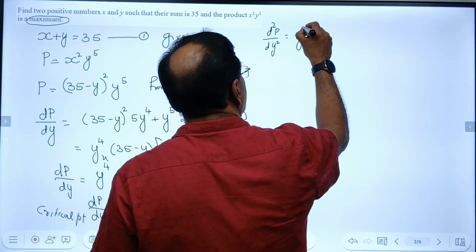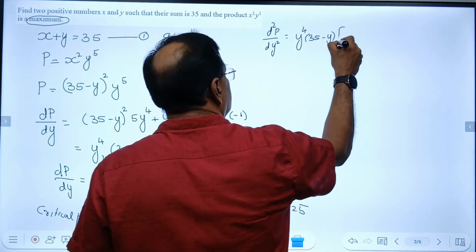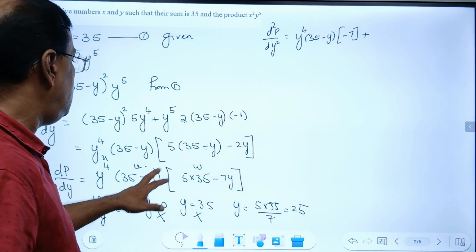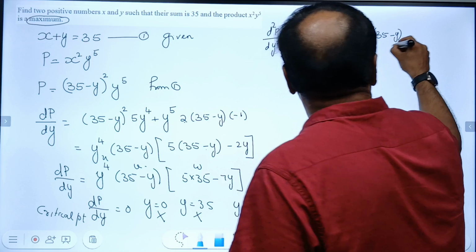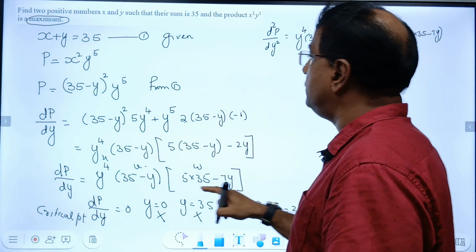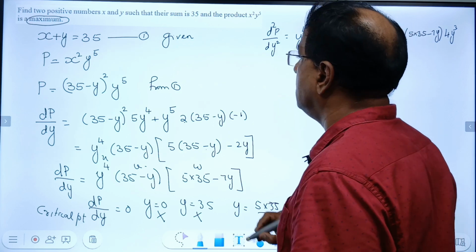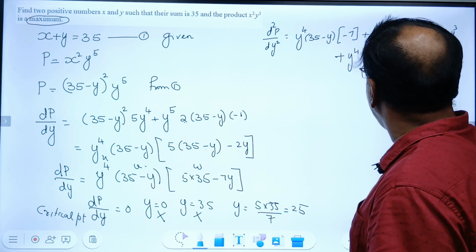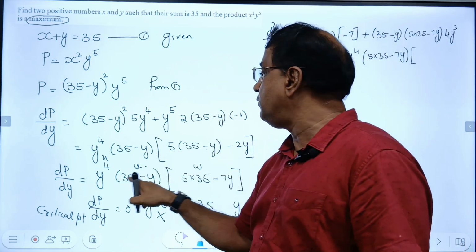U into v into the differentiation of w, which is minus 7, plus v w: 35 minus y into 35 minus 7y, which I am not multiplying out, and differentiation of y power 4 will be 4y cube, plus y power 4 into 5 into 35 minus 7y into differentiation of 35 minus y, which will be minus 1.